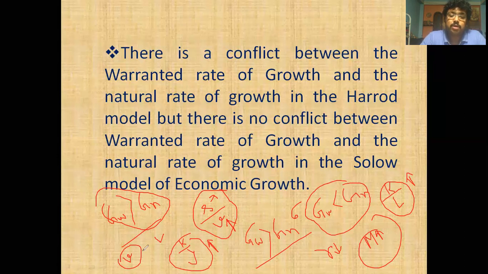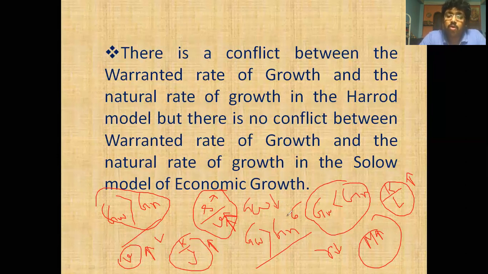Sorry, what I have said is that if the capital output ratio, mu, increases, then the warranted rate of growth will fall.